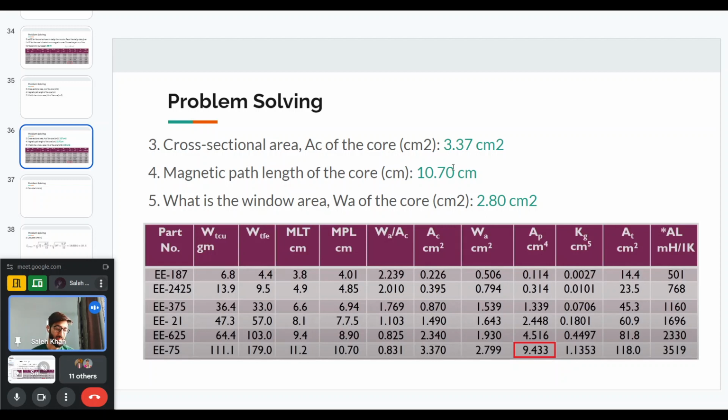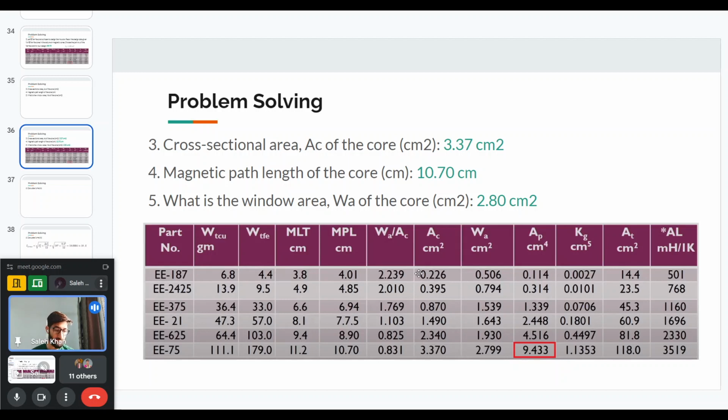But the question is specifically asking about centimeter, and cm² is basically centimeter square. So the 2 has to be in superscript in these cases. Centimeter is the length and centimeter square is the unit of the area.